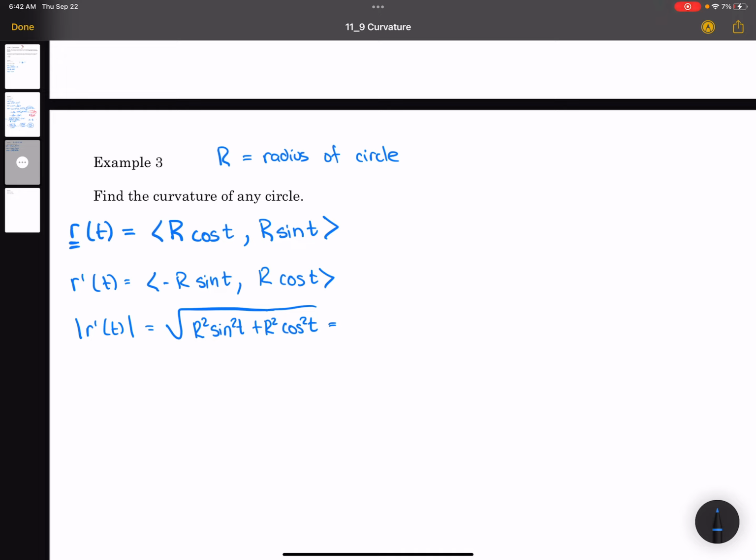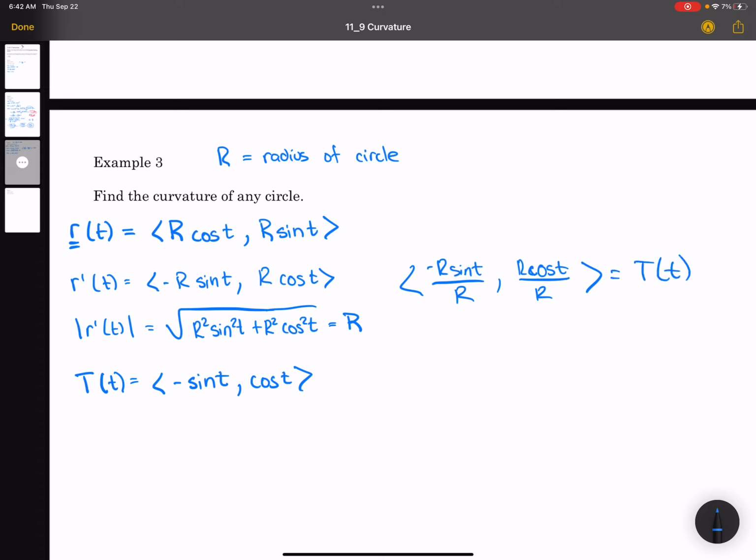So when we factor out the R squared, we'll have R squared times 1, and the square root of R squared is R. So our unit tangent vector is equal to negative sine t, cosine t, because we just would have negative R sine t, we divide that component by R, and we'll have R cosine t, and we divide that component by R to get our unit tangent vector.